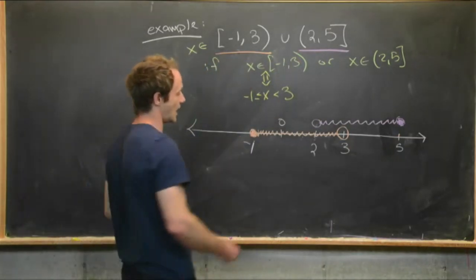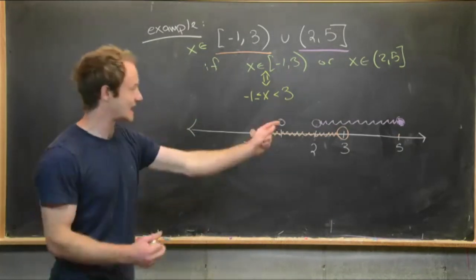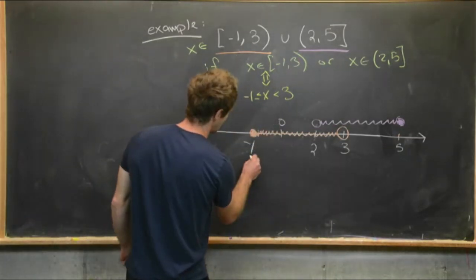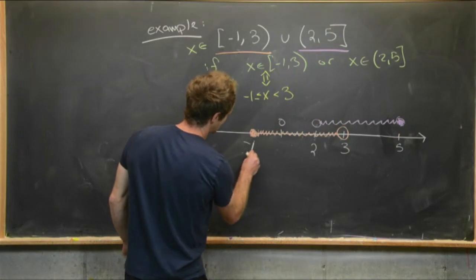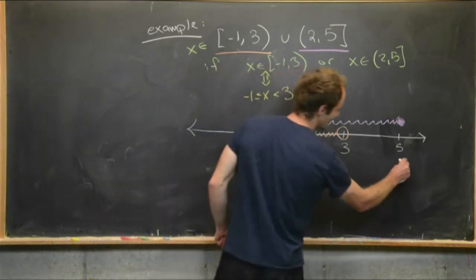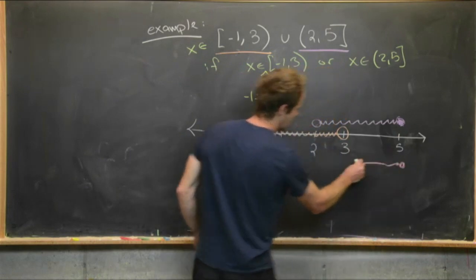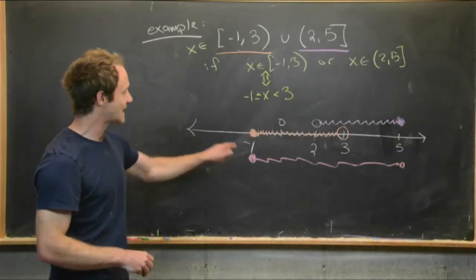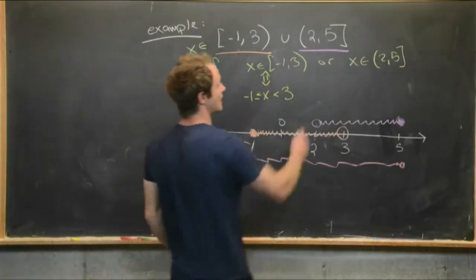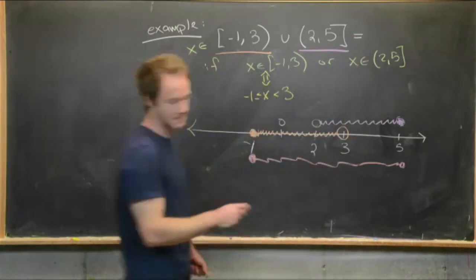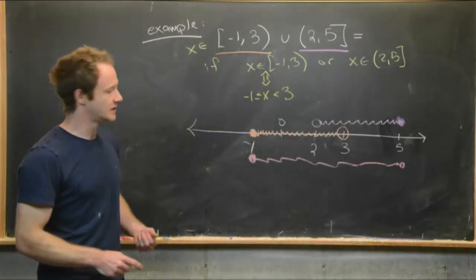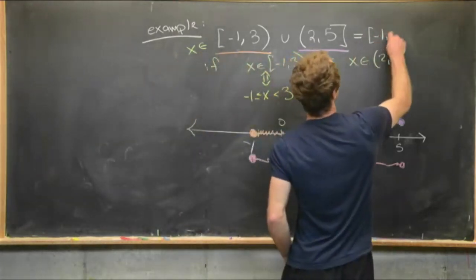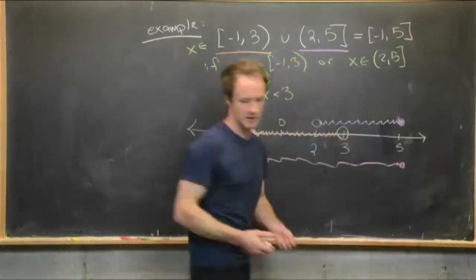You can see that by shading everything that's shaded in total. We would have a closed circle here, a closed circle way over here, and everything in between shaded. That gives us the union of these two. So we can simplify the union of these two down to just the closed interval -1 to 5.